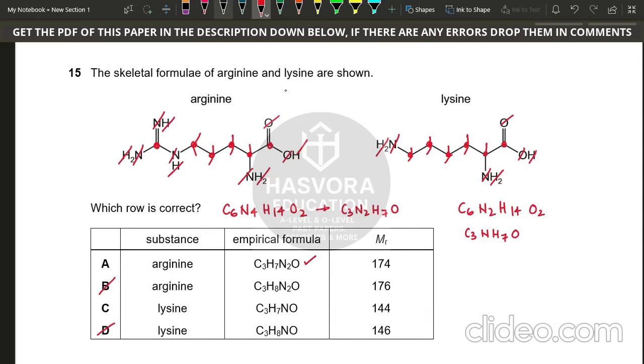Okay, so if you just calculate the MR, it will be 12 into 3 for the carbon, plus the nitrogen 14, and 1 into 7, which is 7, plus 16. Let's calculate this. Okay, let's be quick. So 36 plus 14 plus 7 plus 16, it is let's just say 73.